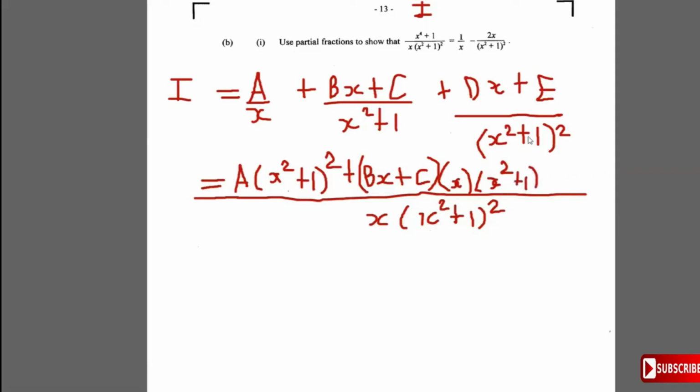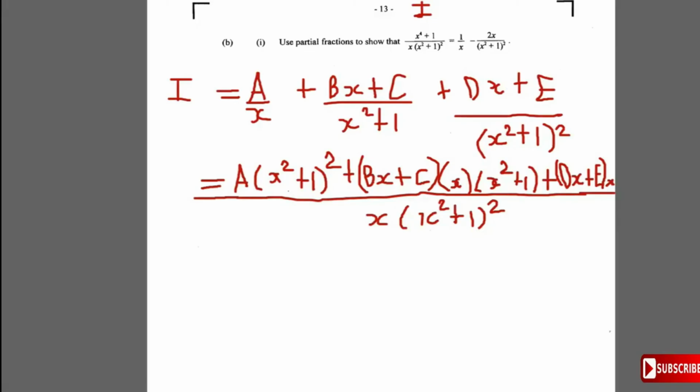And then we go (x squared plus 1) all squared into this, which just leaves x. Then it's plus (Dx plus E) times x. That's what we're going to get.